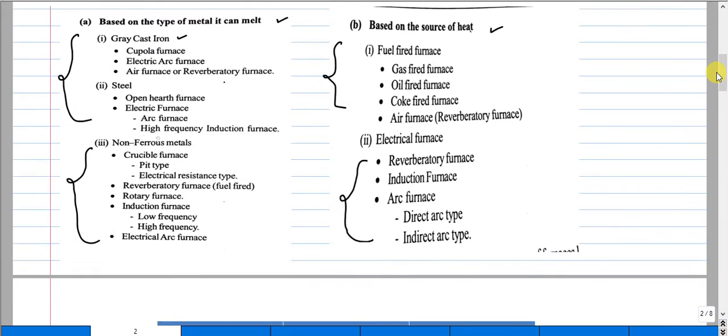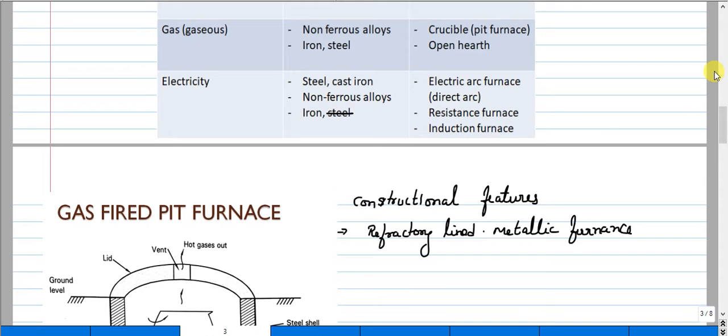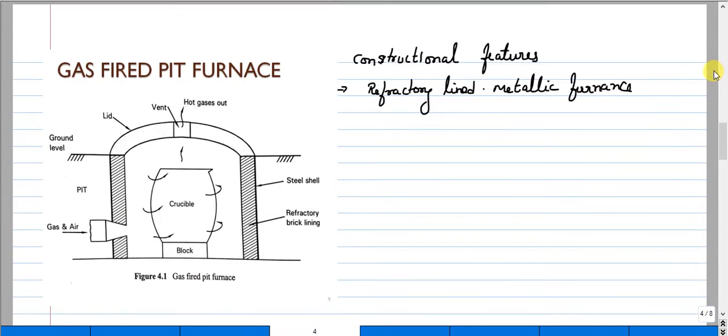Here when you notice the first variation, the gas fired pit furnace, you could see a refractory lining, that is the brick, the shaded portion, and this complete we can call a furnace.